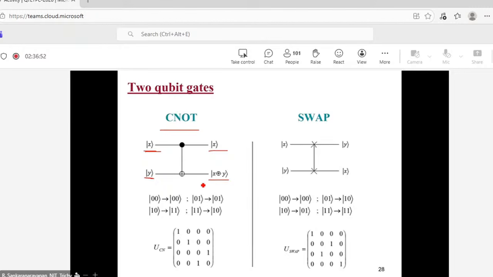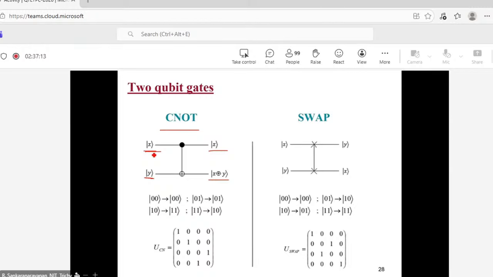Just summation with modulo 2. So for 0, 0, the output in the first qubit is not affected. Second qubit is also not affected because the first one is 0. So 0, 0 becomes 0, 0. 0, 1 becomes 0, 1. And 1, 0 becomes 1, 1.